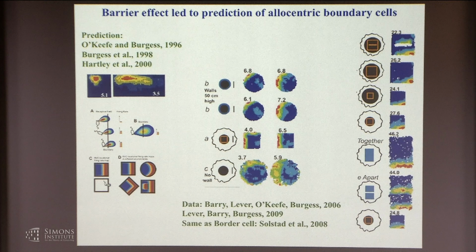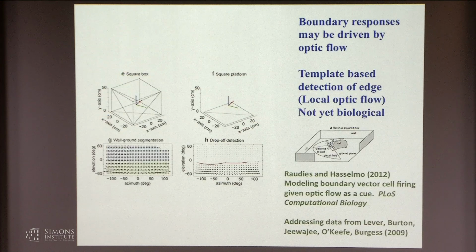So it indicates that these boundary responses can depend not only on a clear visual wall, but also can respond to a drop-off that the animal knows is essentially a boundary on its environment. So as I mentioned, Florian Raudi used the same template matching for optic flow to detect the boundary between the ground plane and the wall, or between a ground plane and a distant wall when there's a tabletop.